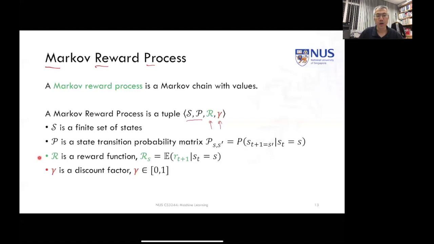So script R here is a reward function. It's a function that's conditioned on a state. So we're going to say everything is encoded into a state. That's because we have this big, nice M word here, a Markov process, which basically says that whatever rewards we want to attach are going to be modeled in a state.